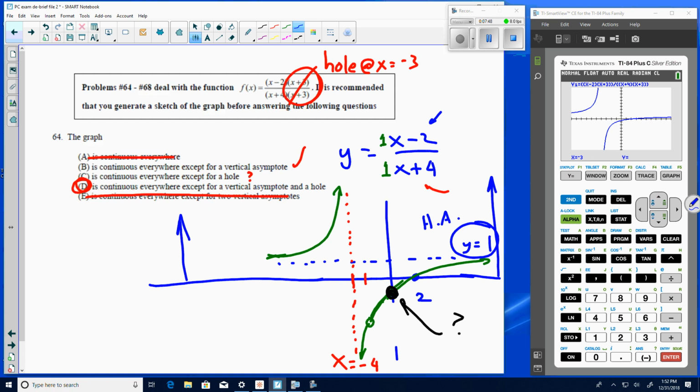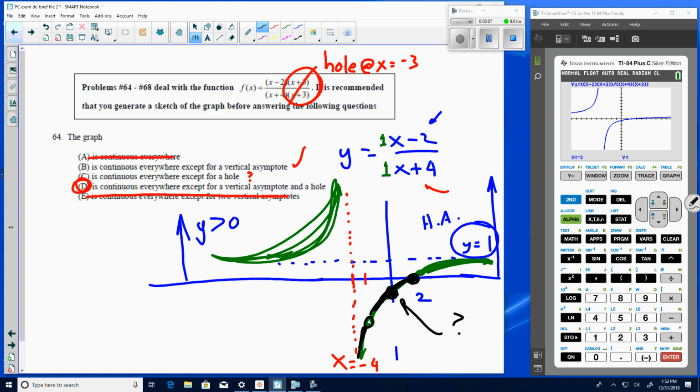These are where y is bigger than 0. And we see two parts of the graph. We have this part in here, where y is bigger than 0, and this part over here, where y is bigger than 0. But this section in here, we see y is less than 0. So we don't want those.